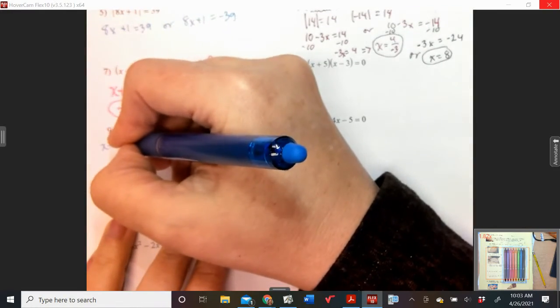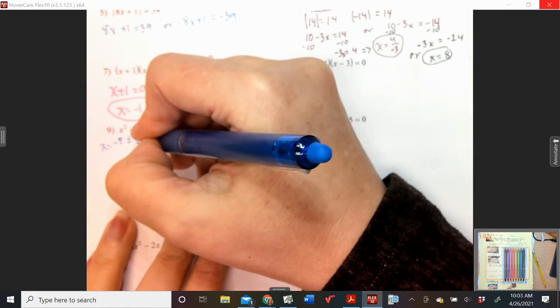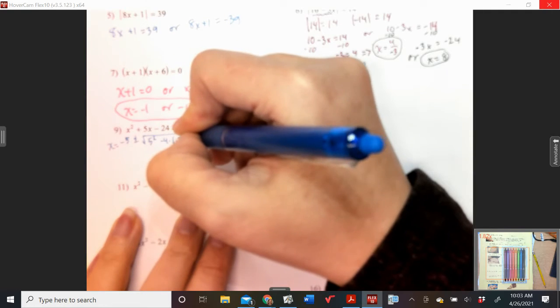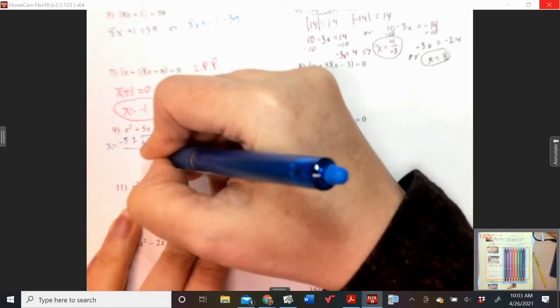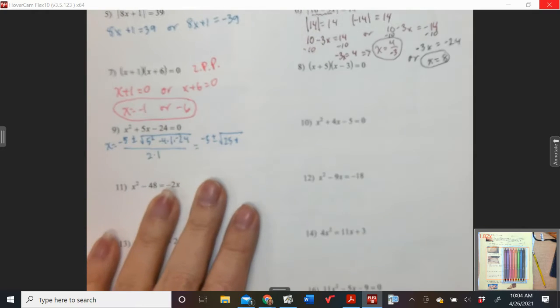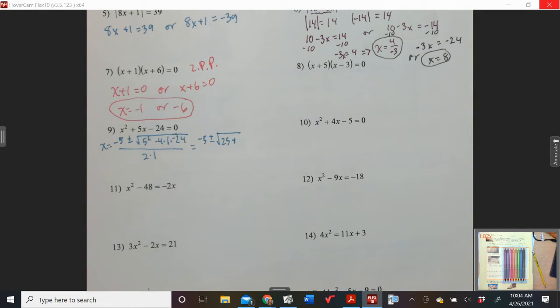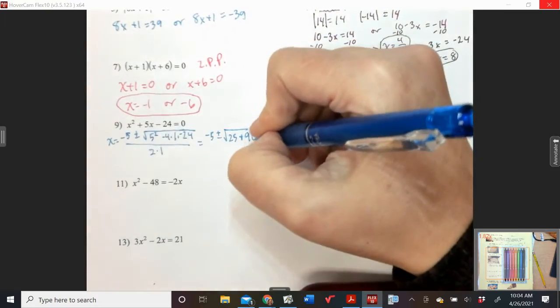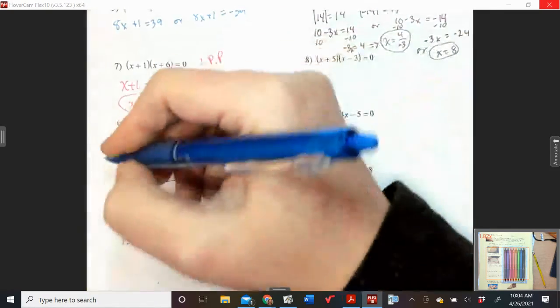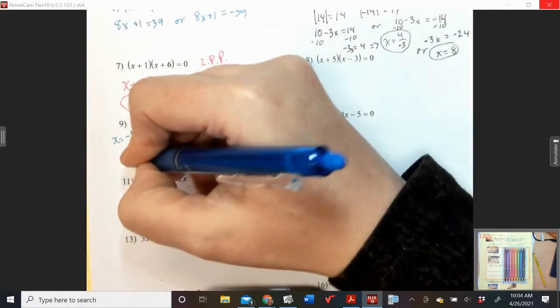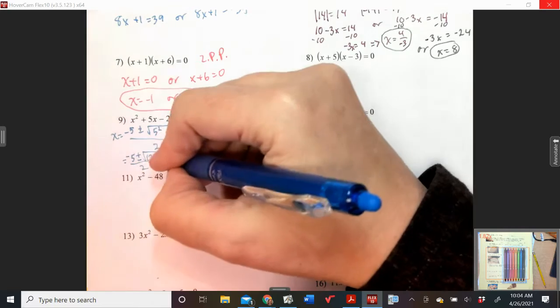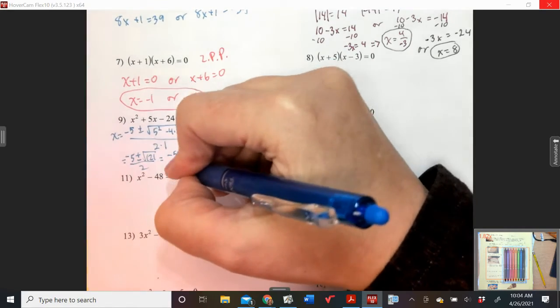So x equals -b plus or minus the square root of b squared minus 4 times a times c, all over 2 times a, which becomes -5 plus or minus the square root of 25 plus 4 times 24, 96, over 2, which becomes -5 plus or minus the square root of 121 over 2, which is equal to -5 plus or minus 11 over 2.